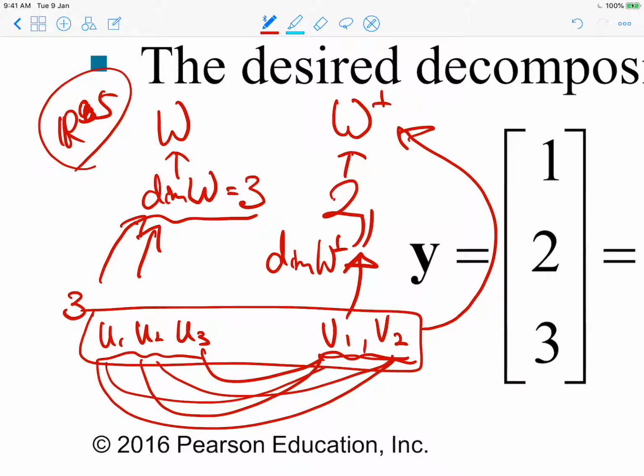Yes, because any vector we choose from W perpendicular should be orthogonal to any vector from W, right? And so from here, we have an orthogonal set of 5 vectors, okay? And the orthogonal set is a much stricter condition than linearly independent, and thus they are automatically linearly independent, right? And so we have 5 linearly independent vectors.